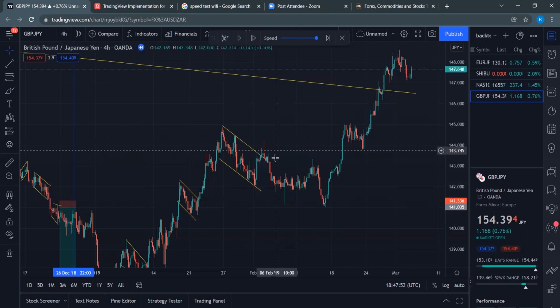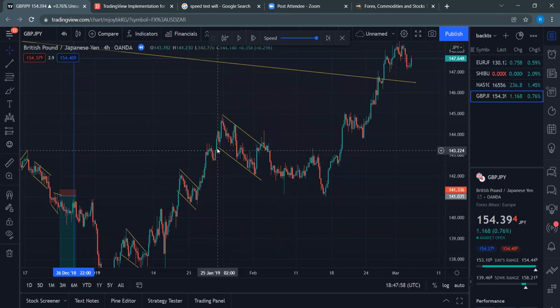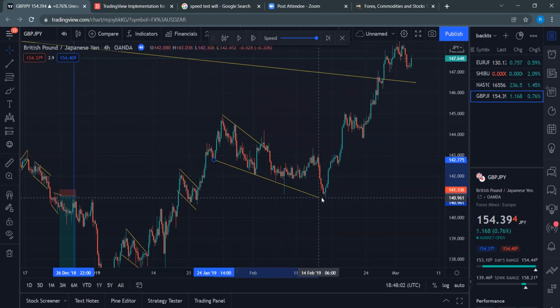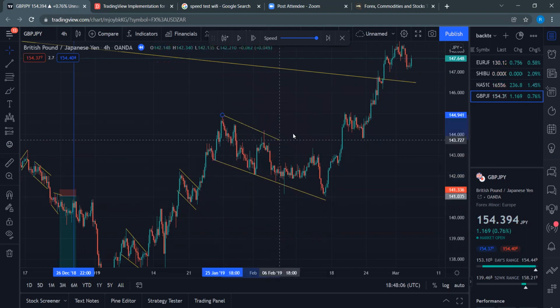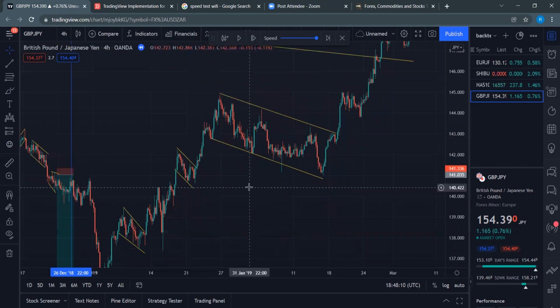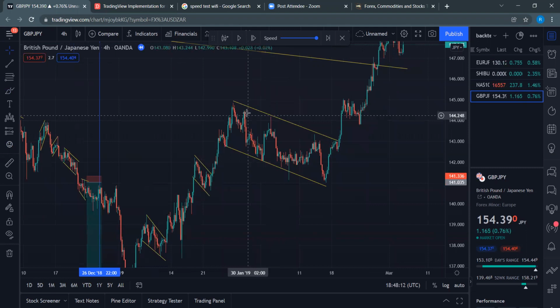But this move here, what we would have done is tried to adjust our trend lines. So we would have seen these moves. This is just a bigger flag, and the entry was actually here.